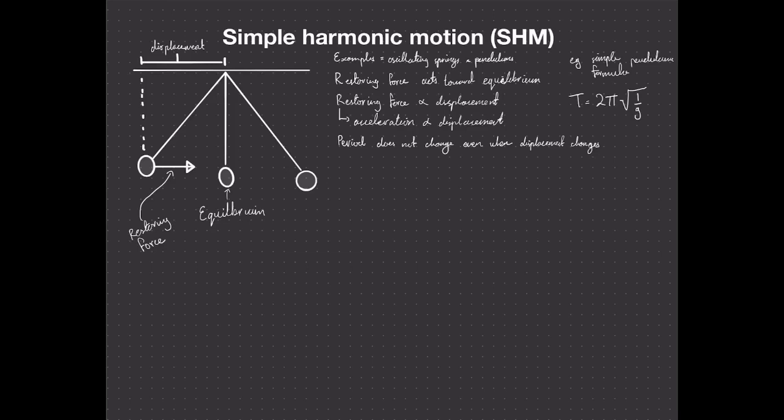So in a system where we're experiencing simple harmonic motion, why will we have the same period irrespective of the amplitude or displacement of our pendulum or mass on a spring? We have already stated that our restoring force is proportional to d, our displacement.